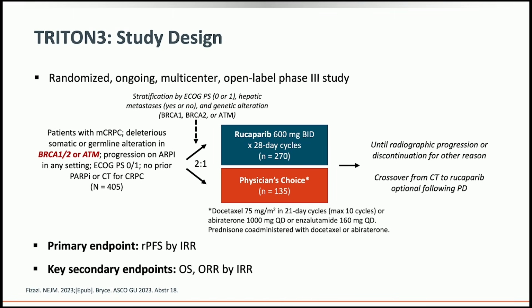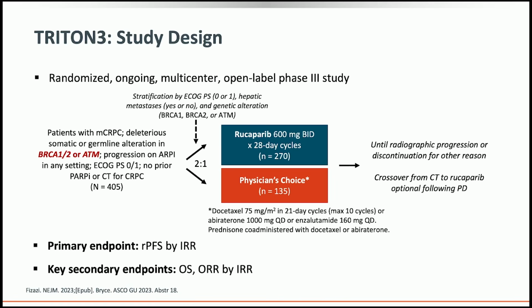How do we sequence PARP inhibitors? Well, some important data from TRITON-3. TRITON-3 was a randomized trial which took patients with castrate-resistant disease, deleterious germline or somatic alterations, and really only 3 different mutations: BRCA1 or BRCA2 or ATM. They had to progress after an ARPI in any setting, and they had to have a good ECOG performance status.